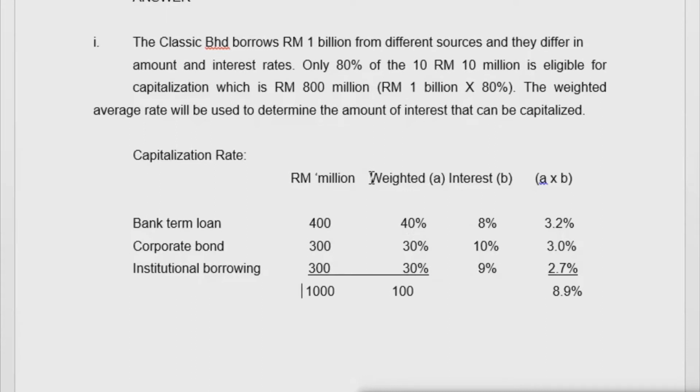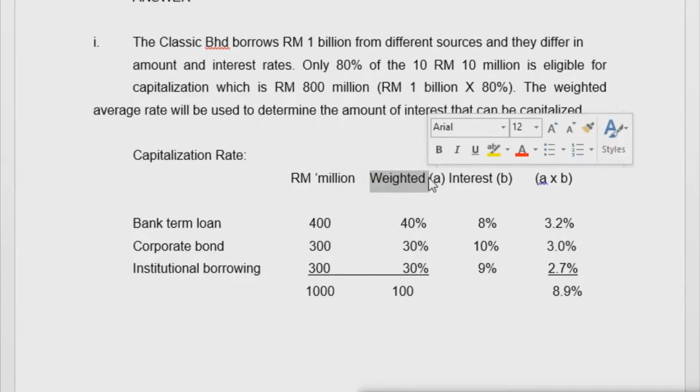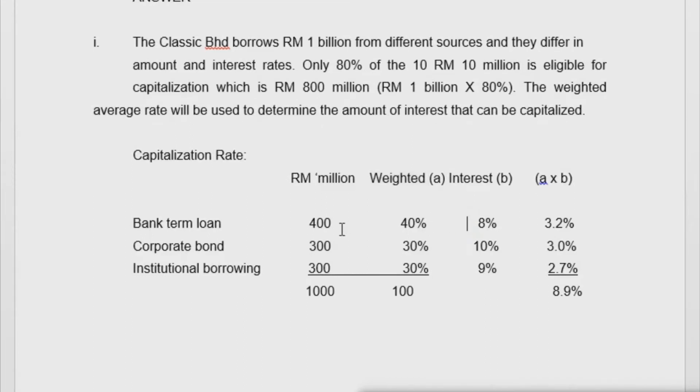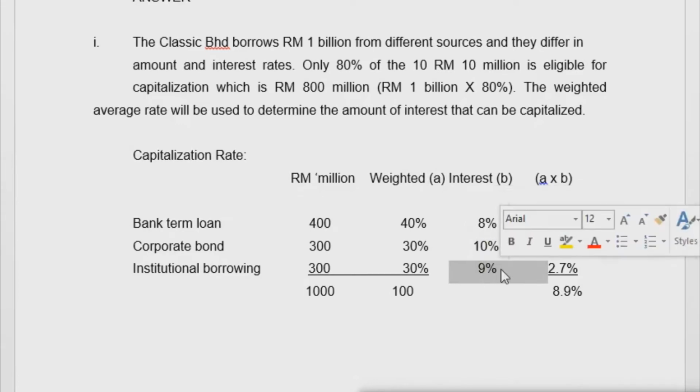We need to identify the weighted average method. We use the weighted average method because these 3 types of loan have different interest rates. As we can see here, the bank loan is 8%, the corporate bond is 10%, and institutional borrowing is 9%.